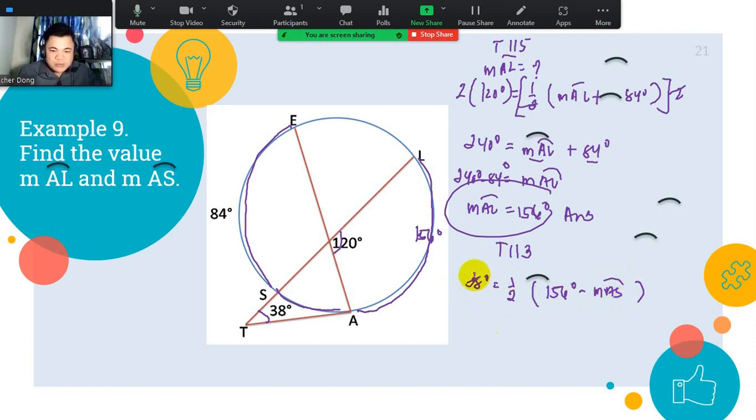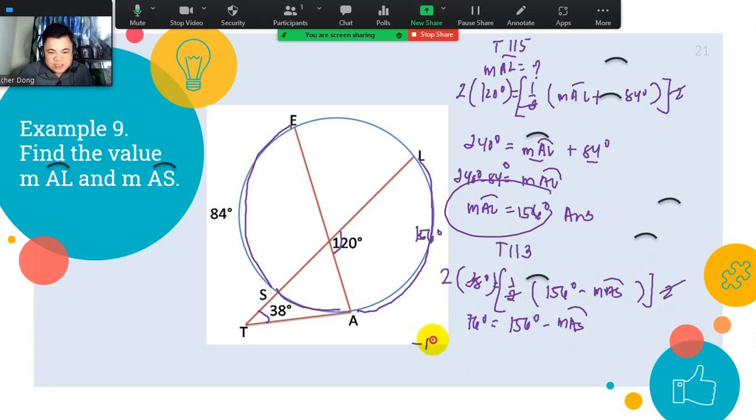Then after that, we will remove 1/2 by multiplying both sides by 2. So this will be cancelled. 2 times 38 is 76 degrees. And then what will remain on this side, we have 156 degrees minus the measurement of arc AS. Then combine the similar terms.